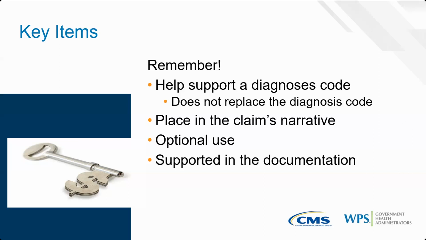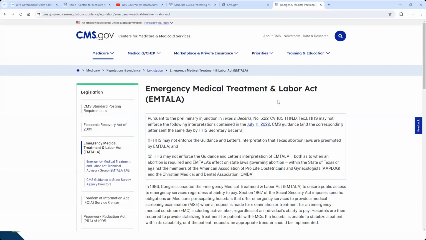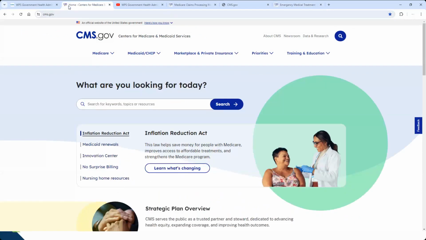All right, I know I gave you a lot of information. I did say I was going to show you a couple of resources, so we're going to start with those before we delve into the question and answers. The first one is on the CMS website.